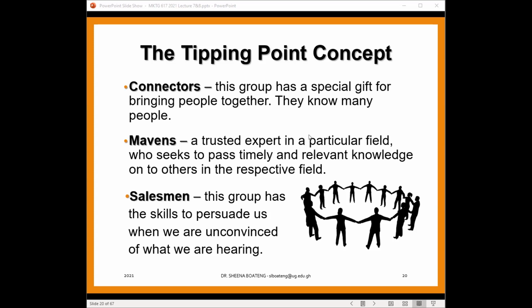So when you get these connectors to adopt a particular product or service, or to buy into the idea of these products or services, they begin to spread the word amongst their network and all the people that they are connected to, that they know, that they are cool with, to also come on board and test out and buy these products and services. Please, I hope this makes sense.